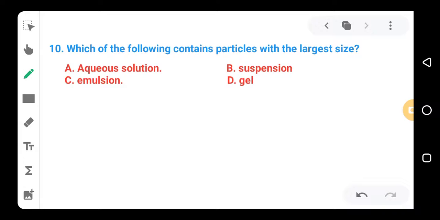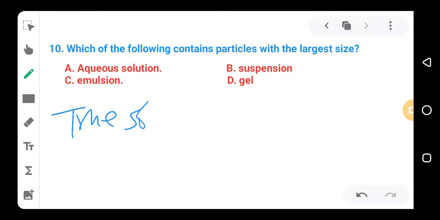Question number 10. Which of the following contains particles with the largest size? A. Aqueous solution. B. Suspension. C. Emulsion. D. Gel. The size of particles increases this way. We have true solution, which may also be aqueous solution.